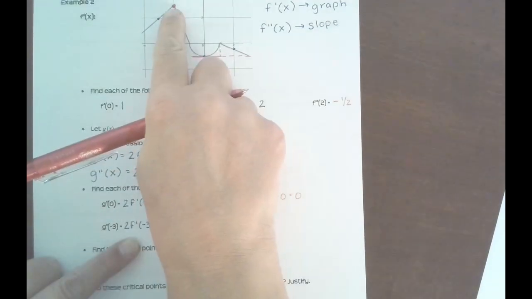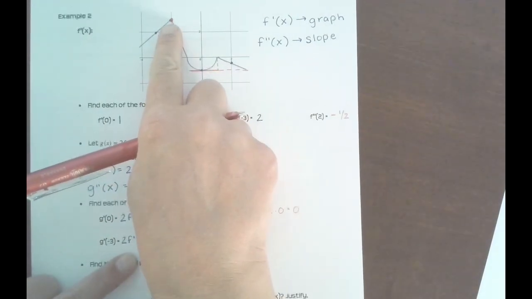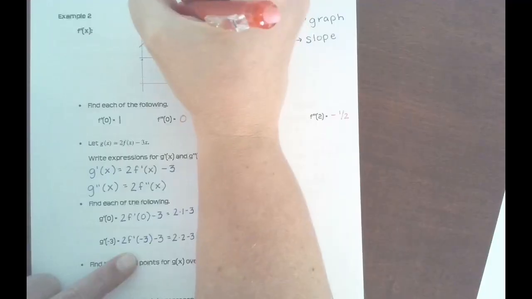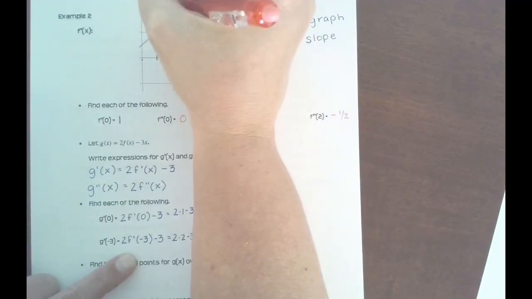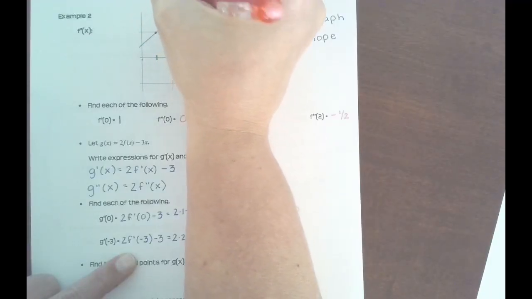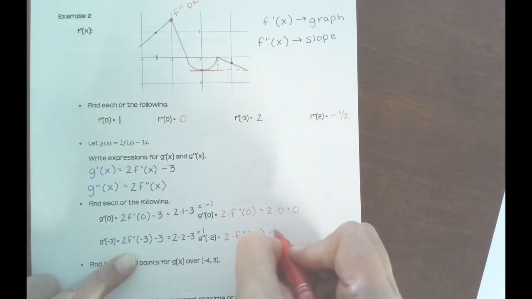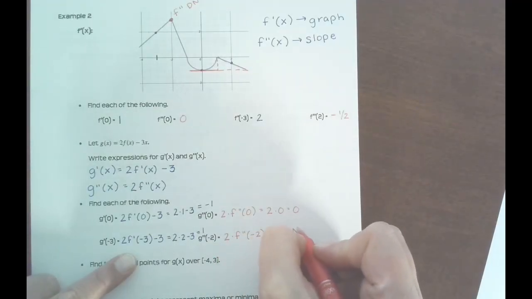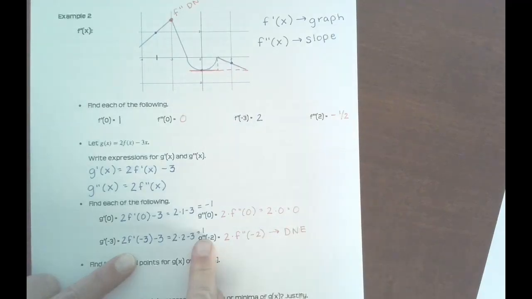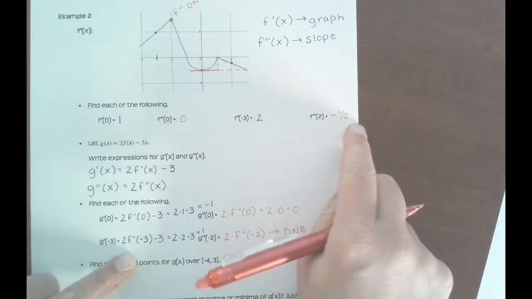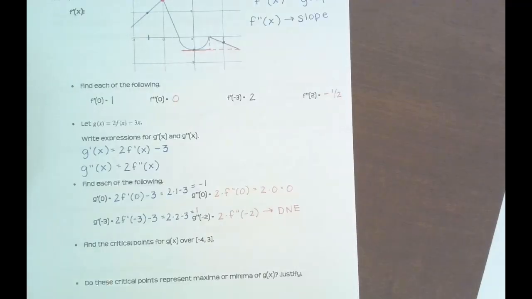We can't find the slope at that point because that's a place where the derivative does not exist, right? So f double prime at this point is a DNE. So this is 2 times something that does not exist. That means that this would just also not exist. I thought for sure that was going to ask me about positive 2 because I already had that. But nope, for negative 2, we would say it doesn't exist.